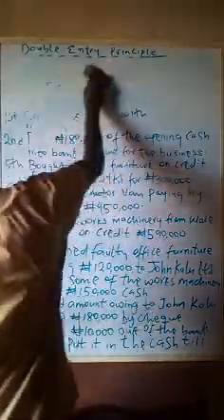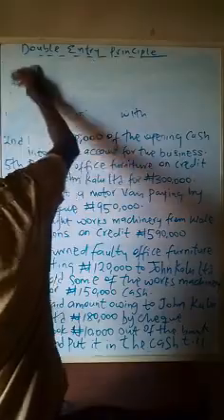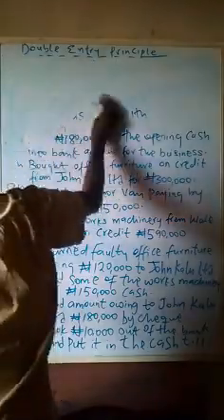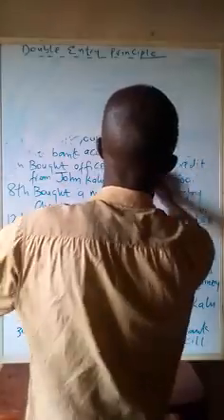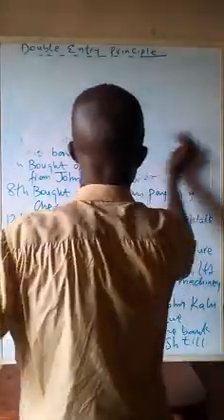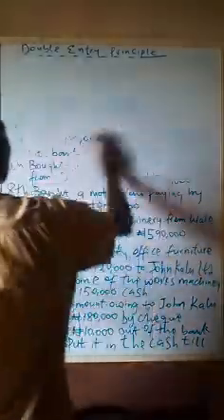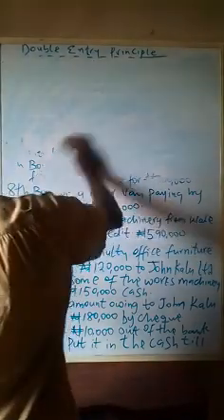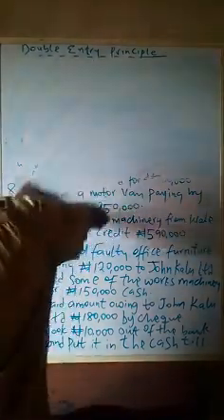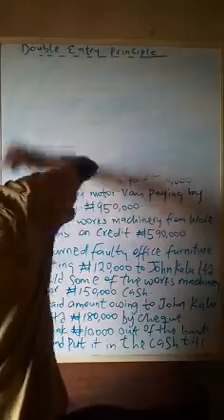Double entry principle is an accounting system that involves recording of a transaction in two different accounts, where one account is debited and one account is credited with the same amount.